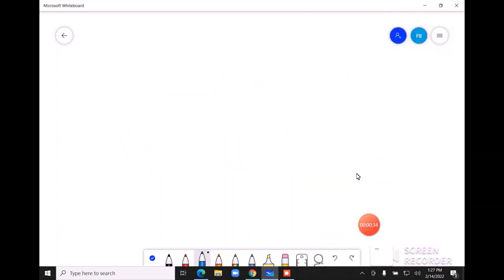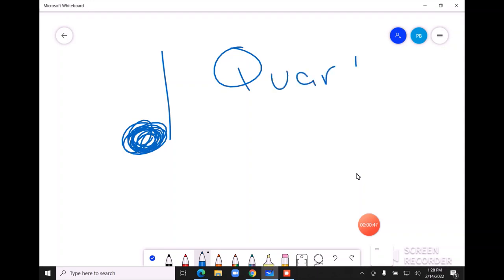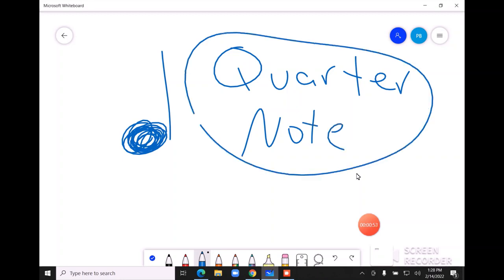Let's do another note. Do you remember what this note is? This note you might know as a quarter note. How many beats does a quarter note get? A quarter note would get 1 beat.